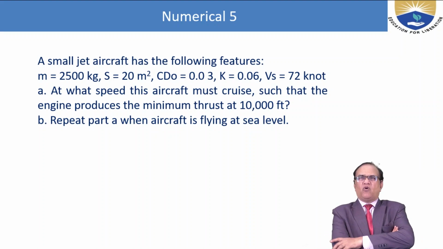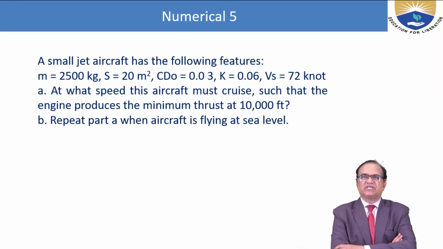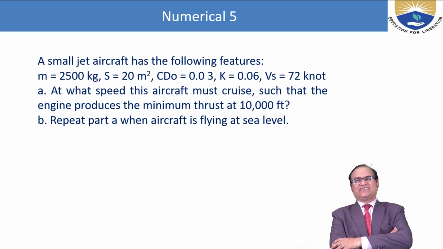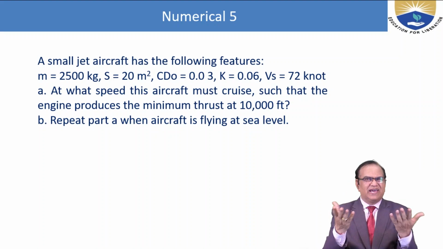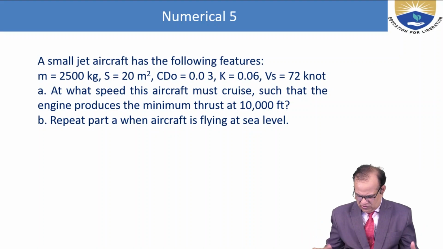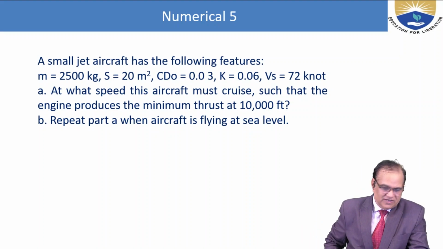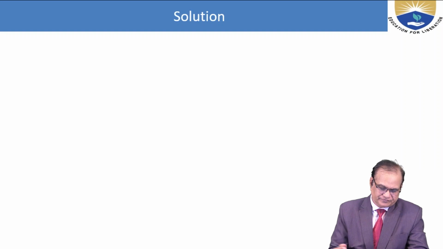Find at what speed this aircraft must cruise such that the engine produces the minimum thrust at 10,000 feet. Repeat part A when the aircraft is flying at sea level. So if we can do only one, the other is the same way.